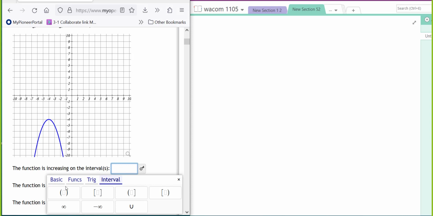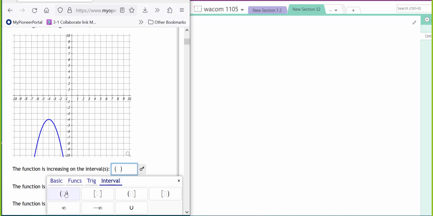negative infinity. And you always use parentheses with both sides when you're talking about increasing, decreasing, or constant, because it turns around. So we want negative infinity to, I said -4 is the x value.